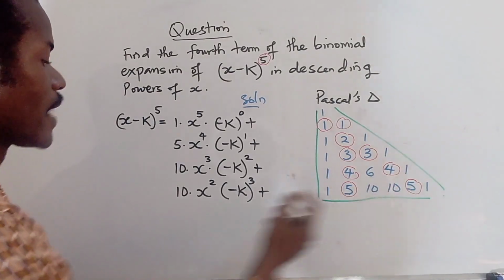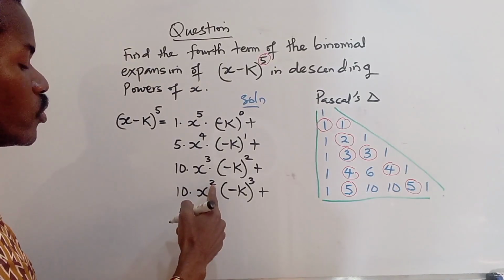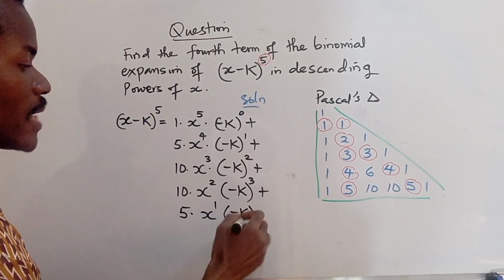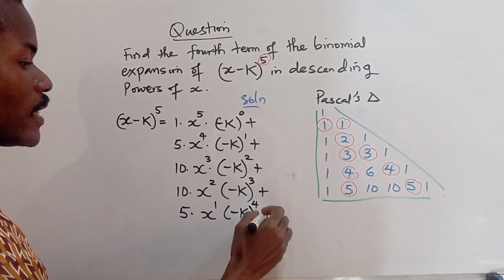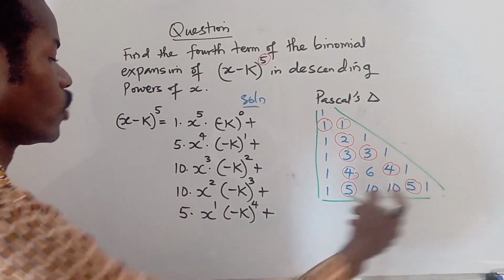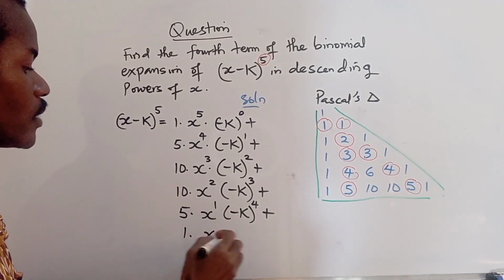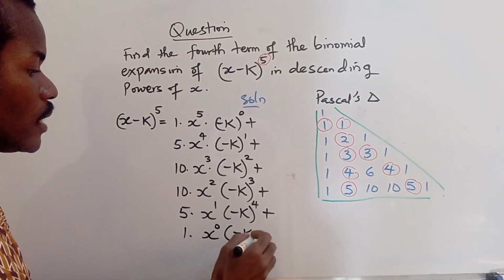Plus, we have 5, the next coefficient, multiplied by x, which reduces by 1 to 1, and minus k, which increases by 1 to the power of 4. And finally, plus, we have 1 multiplied by x to the power of 0, and minus k raised to the power of 5.